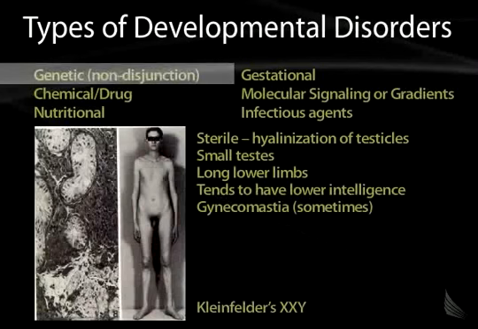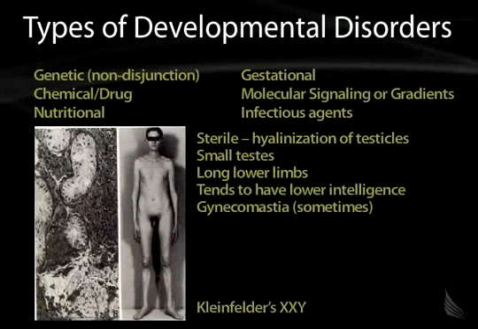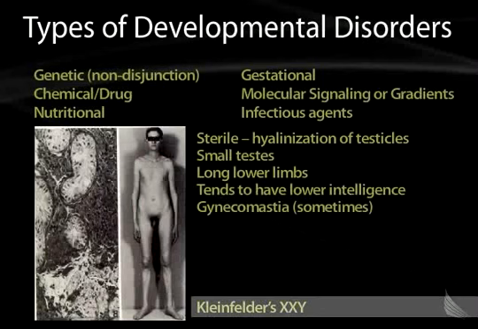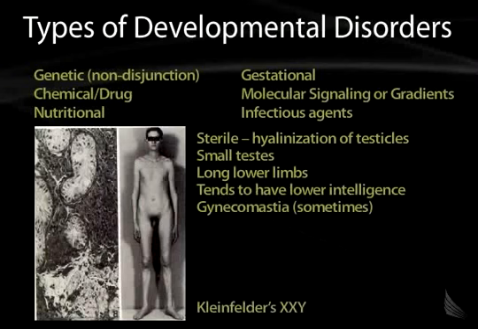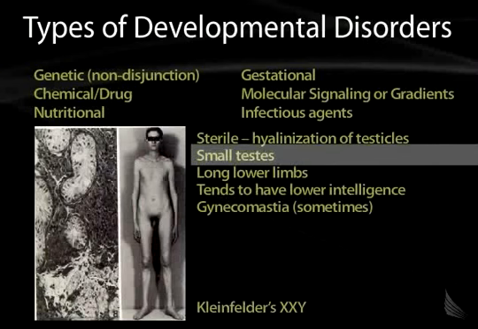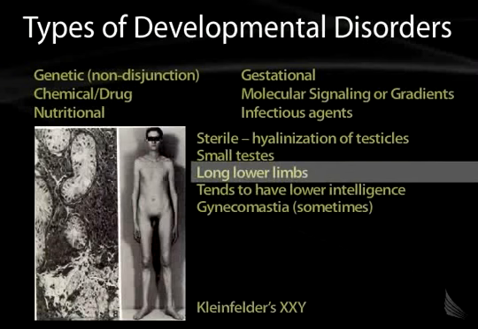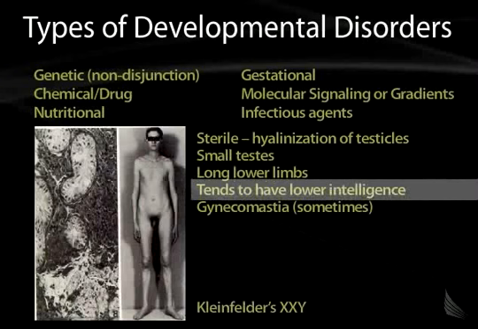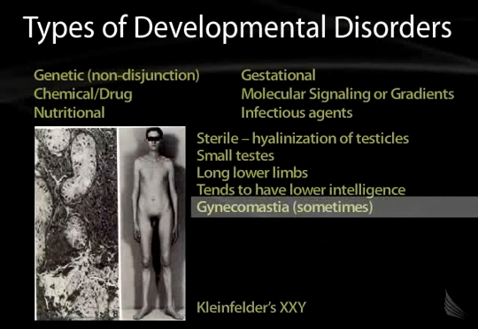Starting with genetic or non-disjunction issues, you have Klinefelter syndrome, which is an XXY genotype, which typically presents as a sterile male with hyalinization of the testicles, and therefore they tend to be underdeveloped and small. They'll have elongated limbs and lower intelligence and oftentimes have gynecomastia.